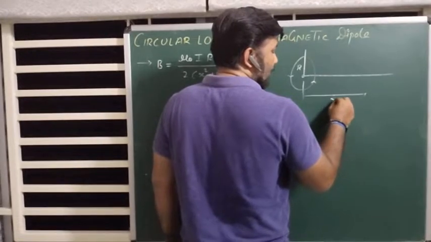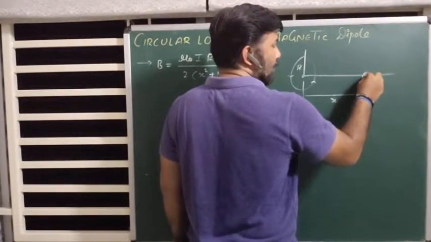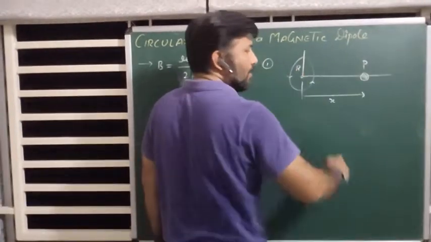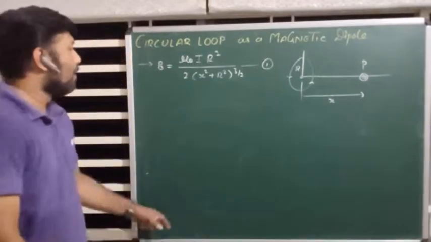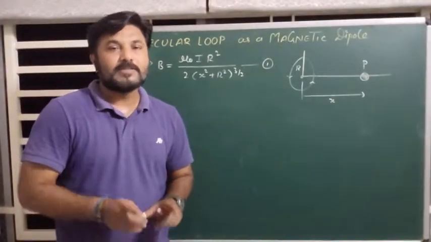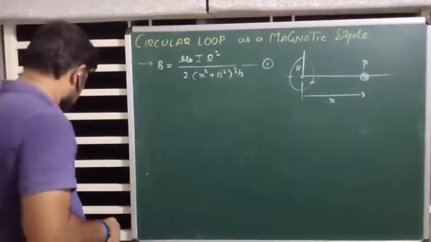At that distance we have taken point P, and at this point we need the magnetic field. The equation is here. Check it in your notebook; it is already there.